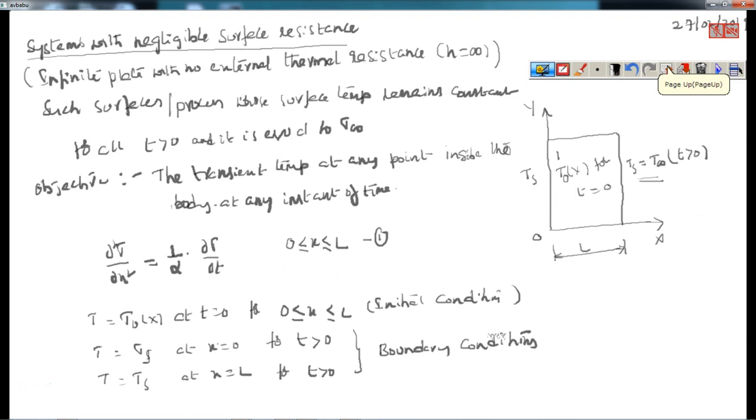Now let us define y is equal to T minus Ts. It is only for convenience.